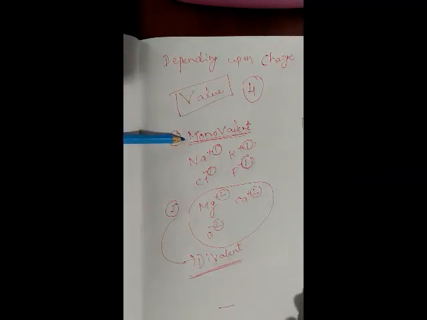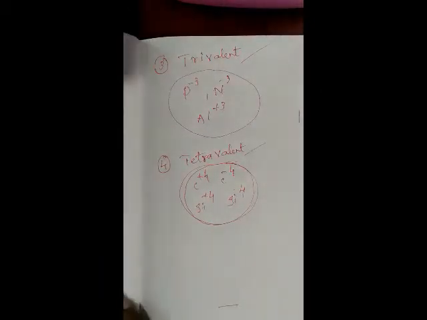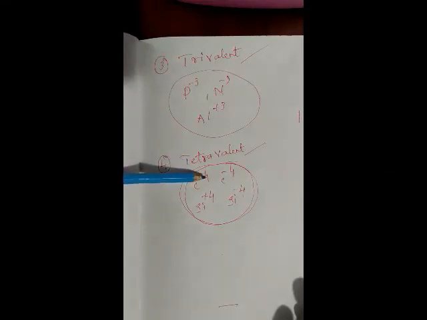Monovalent means the radical contains charge value 1. Divalent means charge value 2. Trivalent means charge value 3. Tetravalent means the ions whose charge value is 4.